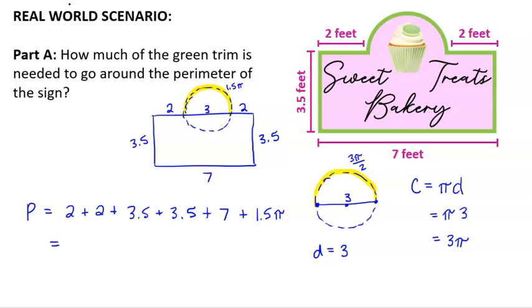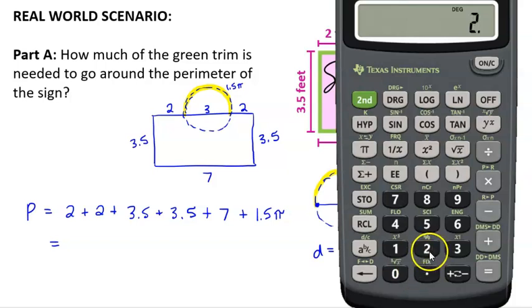And now I can go ahead and get this all into my calculator. And I've got 2 plus 2 plus 3.5 plus 3.5 plus 7 plus 1.5 times, and then I can use my pi button here. And then don't forget, this is just showing pi.